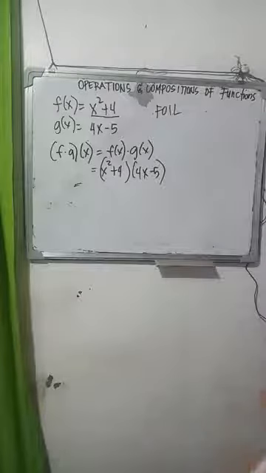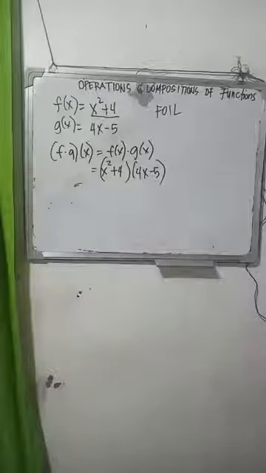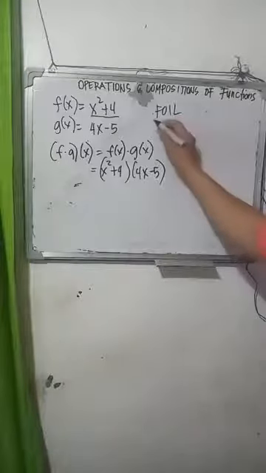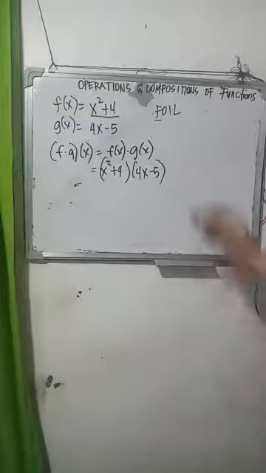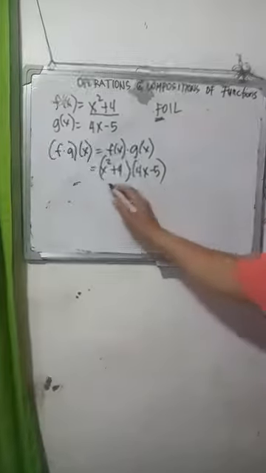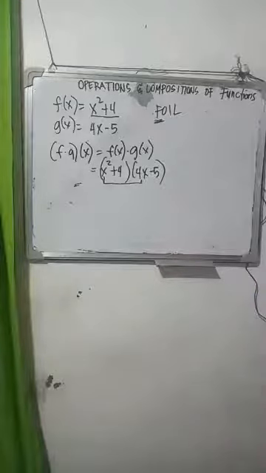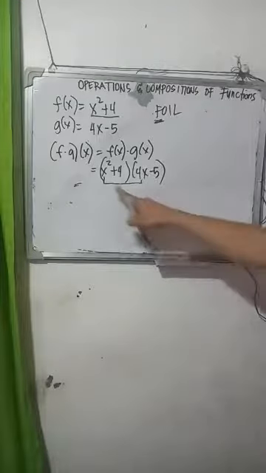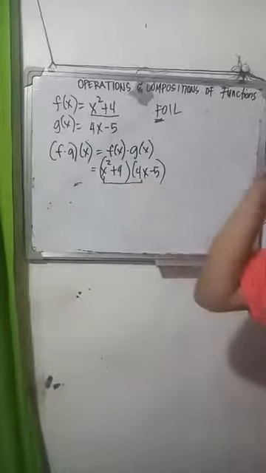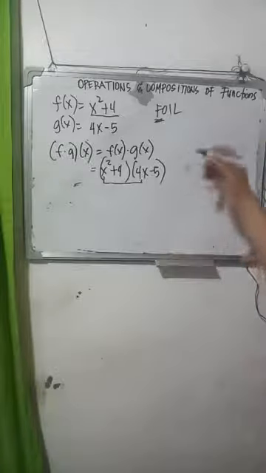That is the way on how to solve for product of functions. First stands for first. So first term, x squared times 4x. When you multiply variables, you need to add the exponent.